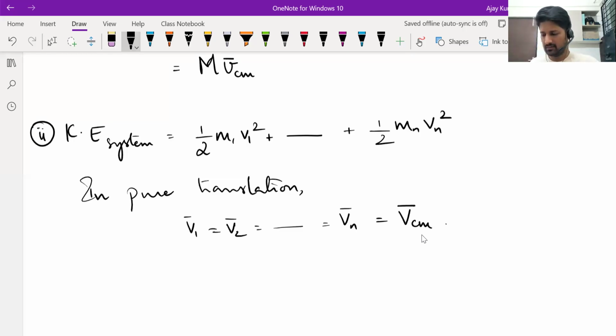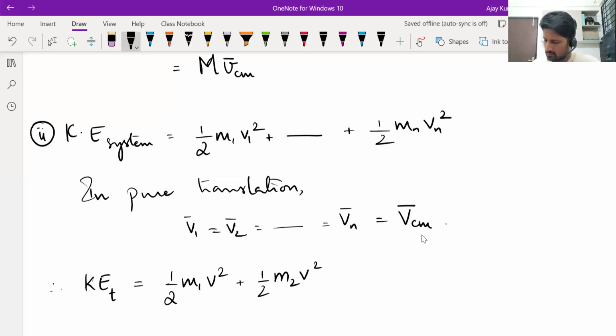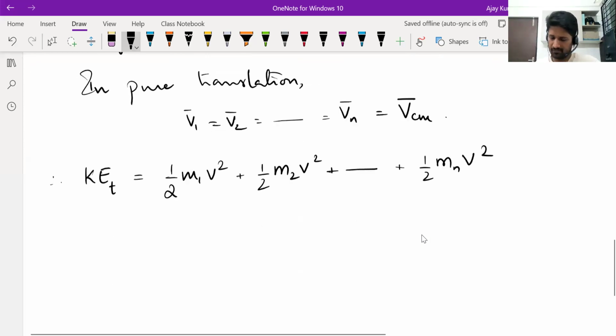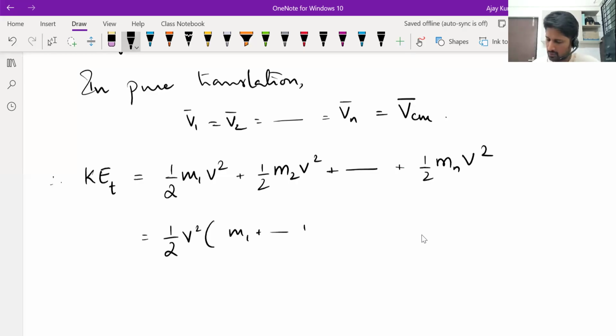Therefore, kinetic energy in pure translation, T stands for translation, can be expressed as half m1 v square plus half m2 v square, so on half mn v square, where v is the common speed that they all have. And half and v square can be taken common. You will be left with m1 plus m2 so on up to mn, which is nothing but the total mass of the system.